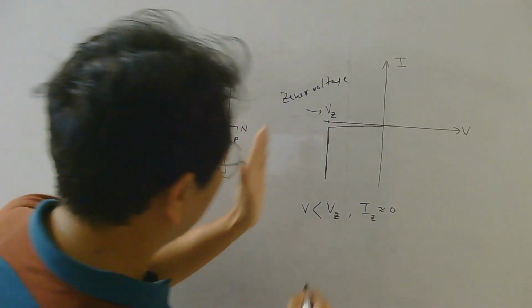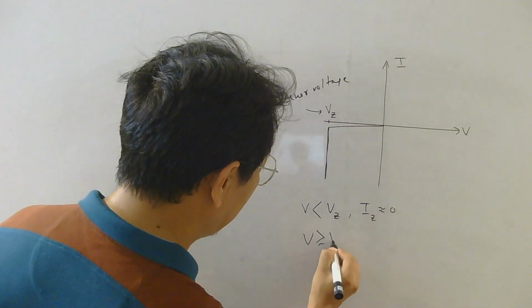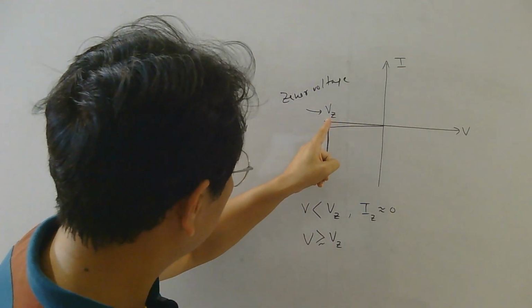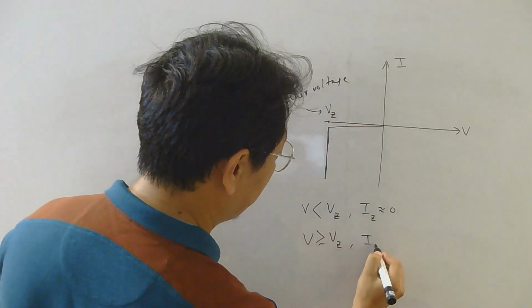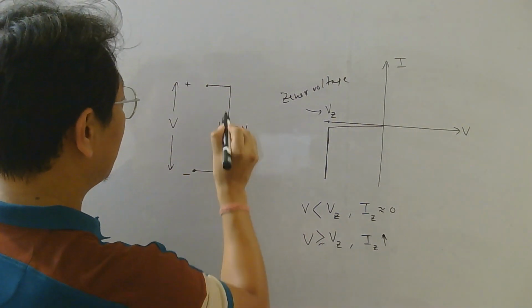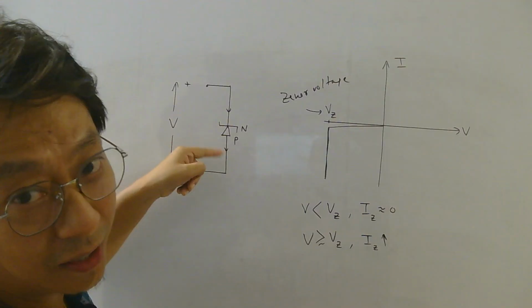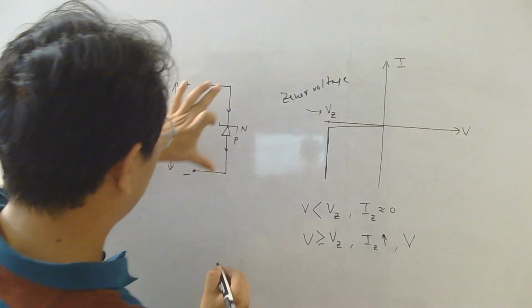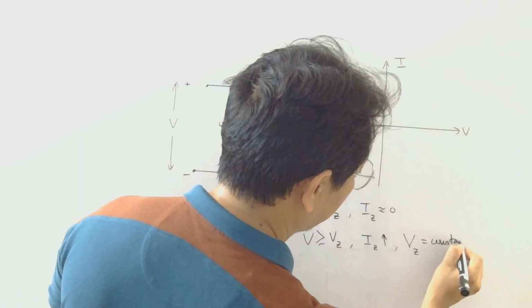However, once the voltage applied to the diode becomes slightly greater than Vz, the Zener voltage, the current will rise sharply. So a current will flow through the diode, and remember in reverse bias current flows from N side to P side in the diode, and the voltage across the diode will remain constant at Vz.